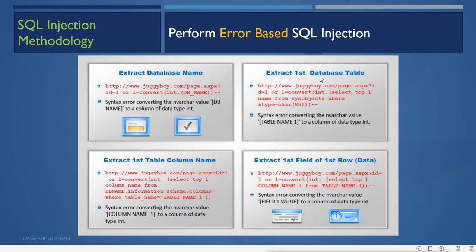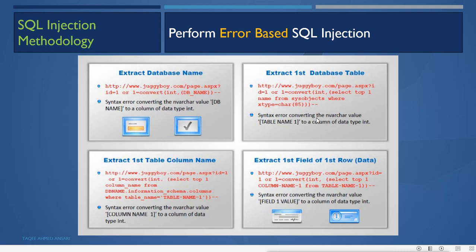Extract the first database table by using this query. It adds OR after id is equal to 1 to combine the query. Then it says 1 is equal to convert int, select top 1 name from sysobjects where xtype is equal to 'U'.